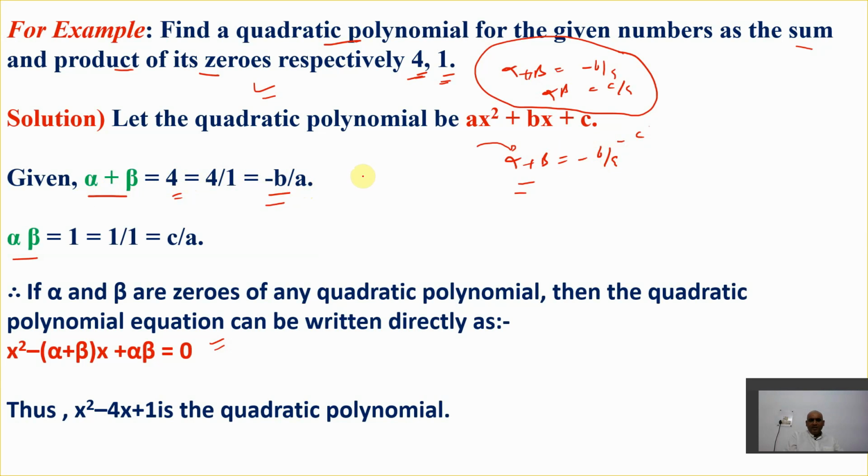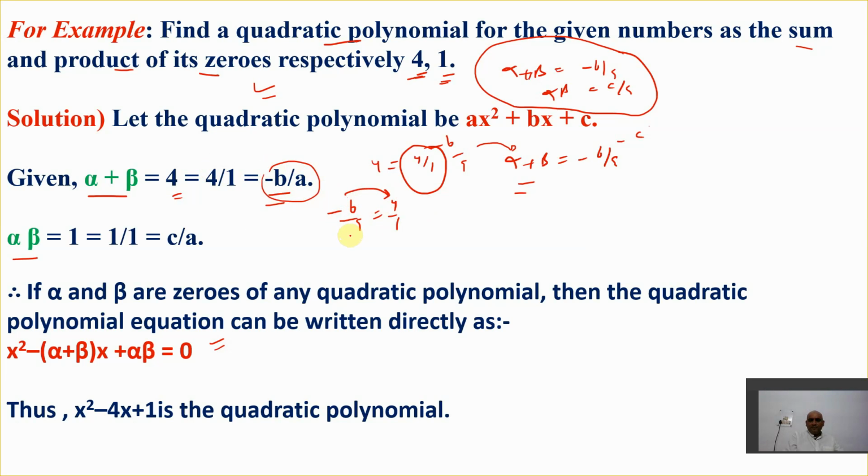Now minus b by a means this 4 must be 4 by 1 actually, because it becomes b, it becomes a, right?